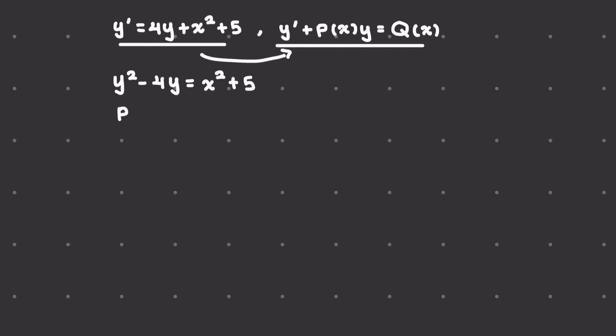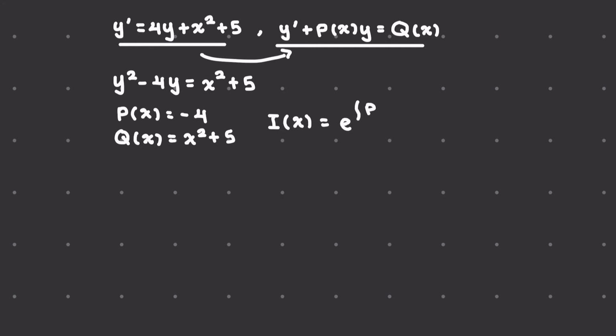First, let's define the variables here. For P(x), we have negative 4. Don't forget the negative sign here, because I've seen a lot of students forgetting their negative signs and ending up with another result. And our Q(x) here is x squared plus 5. And we need to find one more thing, the most important thing, which is our integrating factor.